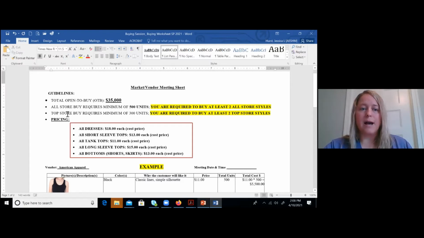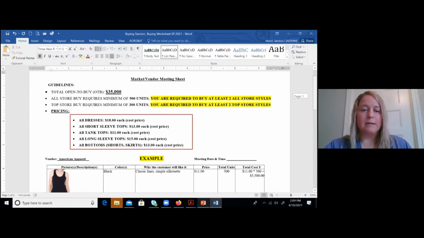Then our top store buy requires a minimum of 300 units. So top stores would be our higher volume stores that would be in major cities. So with these top stores, we can be on the trendier side, more fashion forward. All store buy, we might want to be a little more conservative. And a top store buy is 300 units in requirement, and we have to buy 2 top store styles.